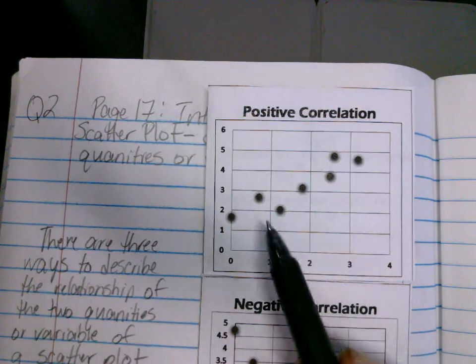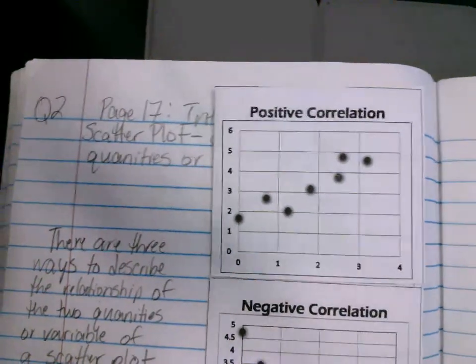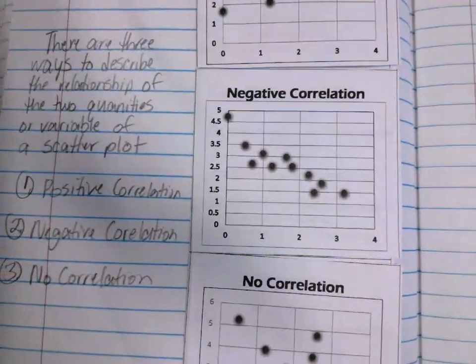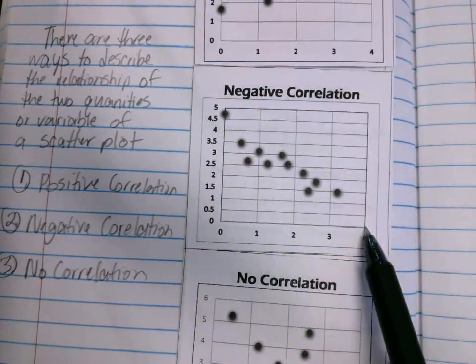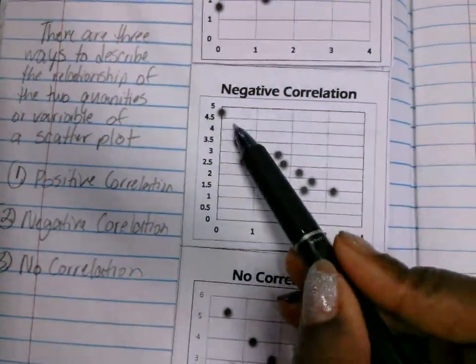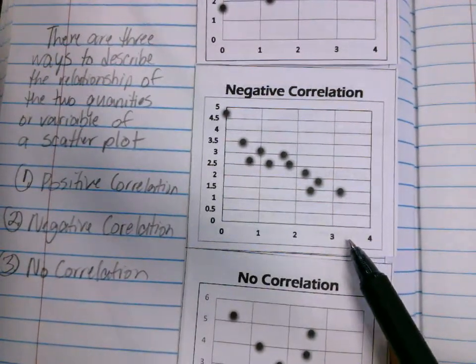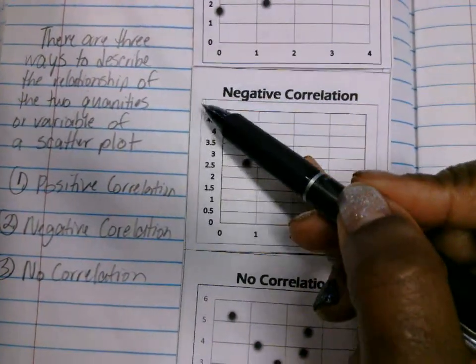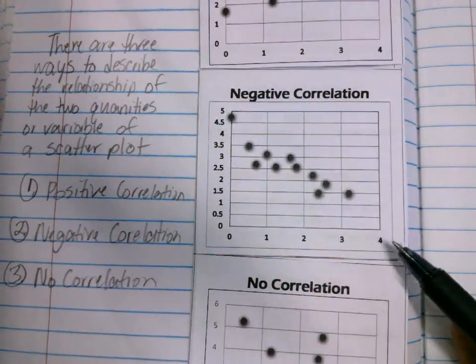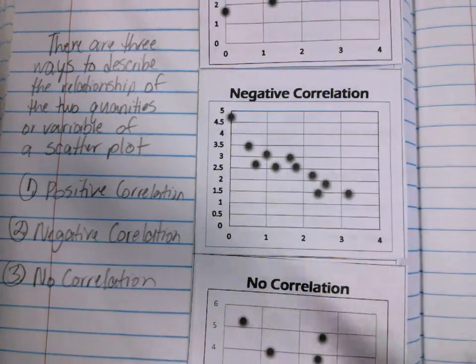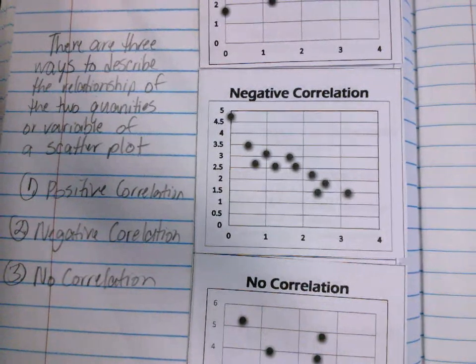As age increases, height increases. A negative correlation could be the number of miles you travel in your car and the amount of gas you have in your tank. The more miles you travel, until of course you fill it back up, the more the gas is going to decrease in your tank. That is a negative correlation.